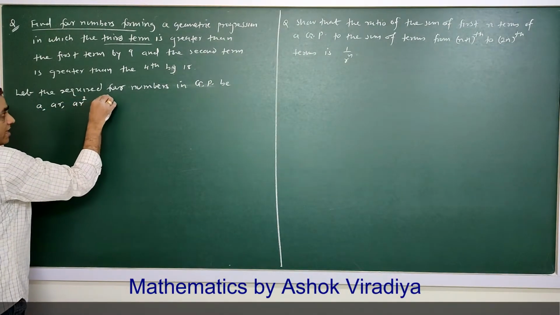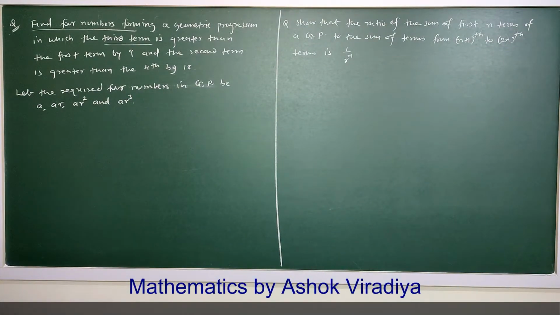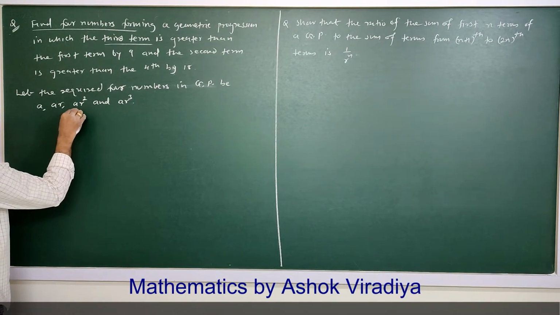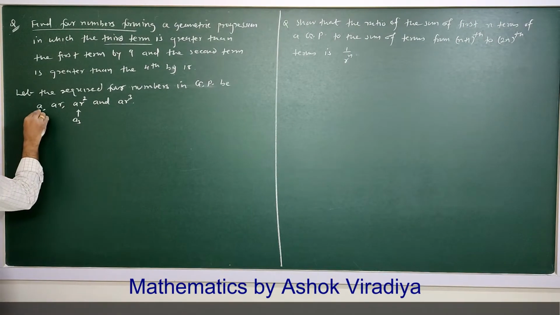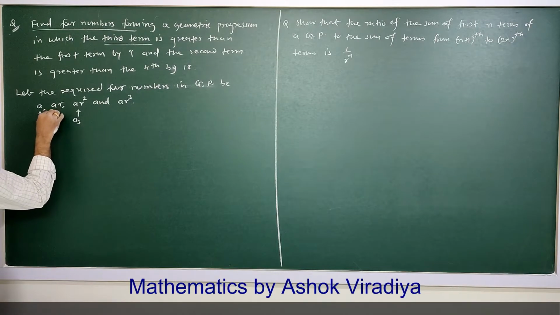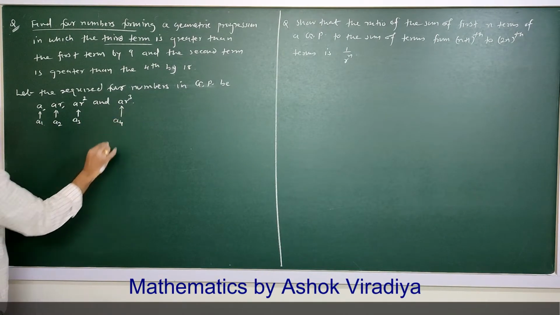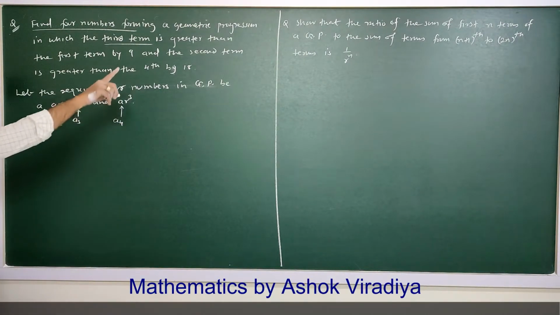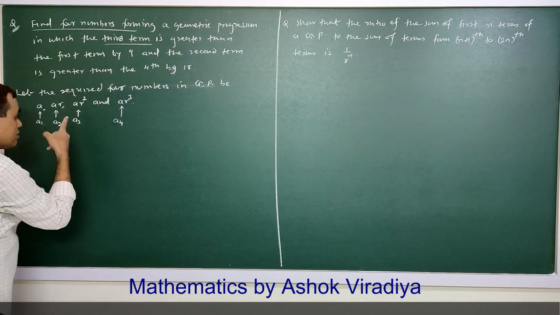A, AR, AR square and AR cube, in which the third term is greater than the first term.